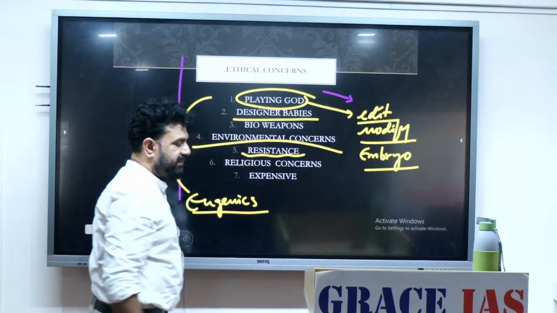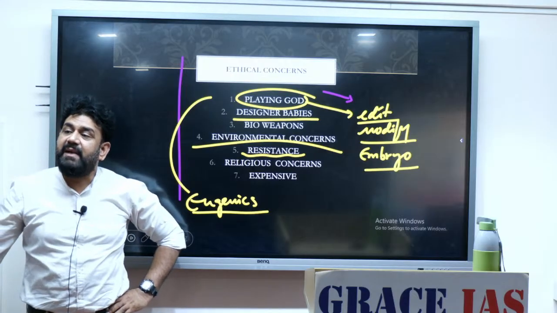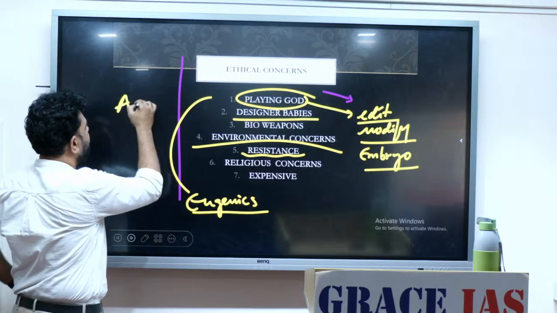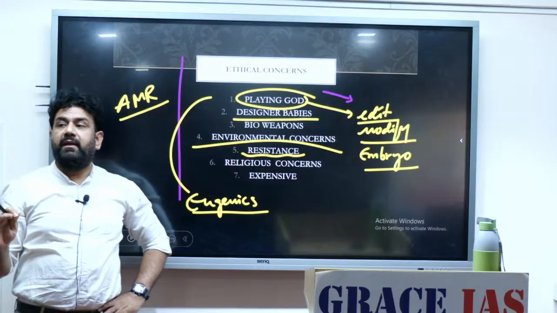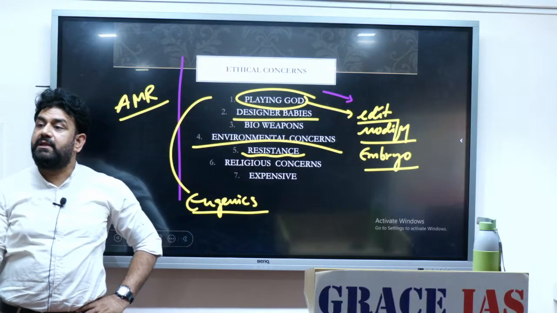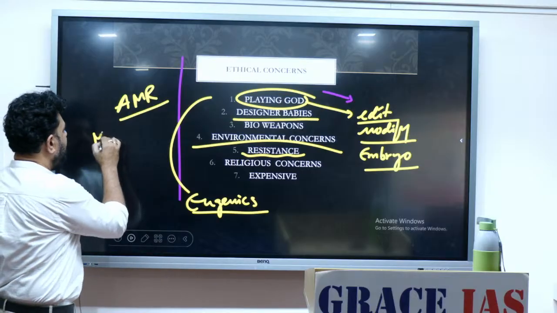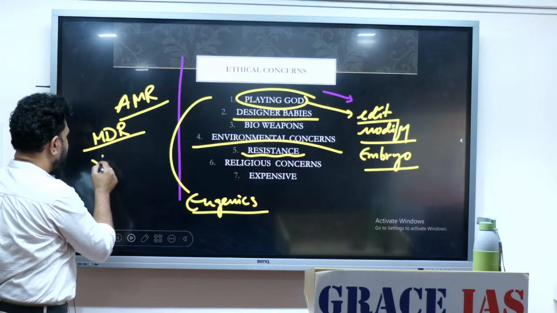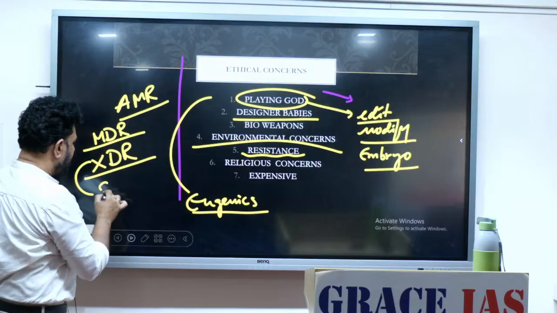Resistance. For example, in the recent past, we have had a current affairs issue called antimicrobial resistance. You must have studied about this, yes or no? Many bacteria have developed a resistance towards drugs, medicines. They became multi-drug resistant strains, and now we have extensively drug resistant strains of bacteria which are also called what?